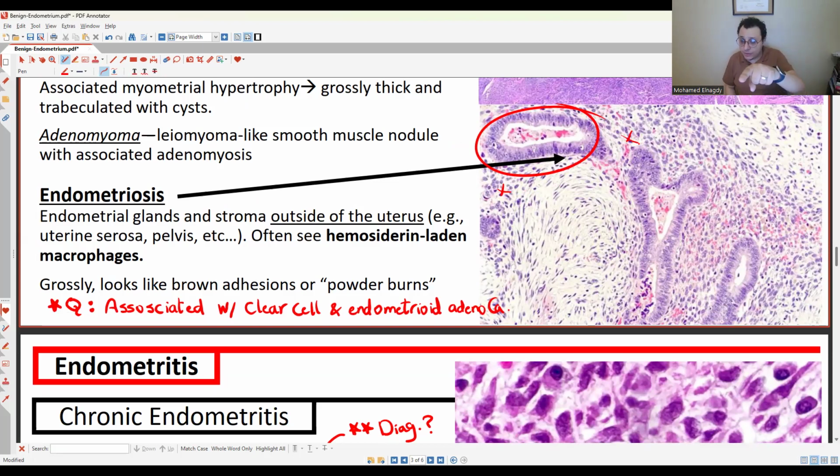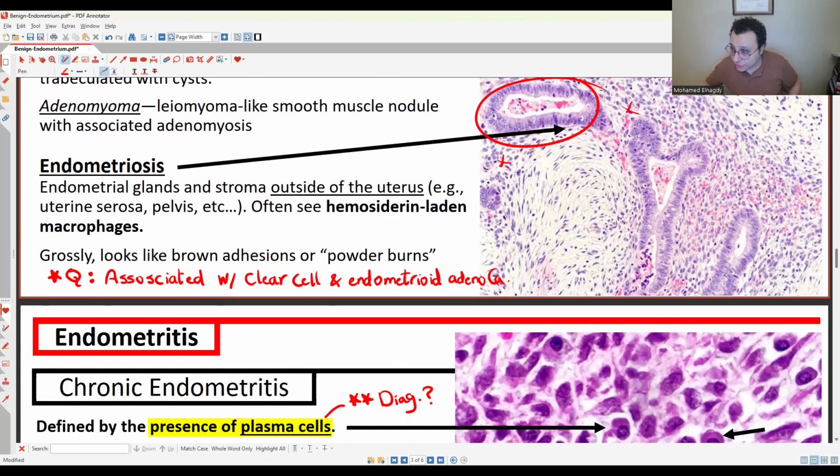This endometrium might even bleed every month with the menstrual cycle, and macrophages might come to eat this blood, and you might end up having some hemosiderin-laden macrophages like this one. You see it? These ones. These are hemosiderin-laden macrophages, which have this brownish hemosiderin because of digested blood.